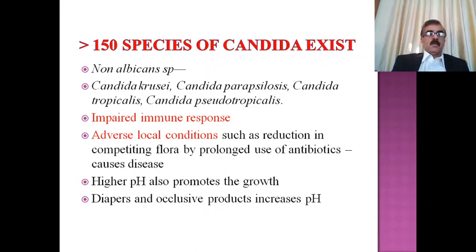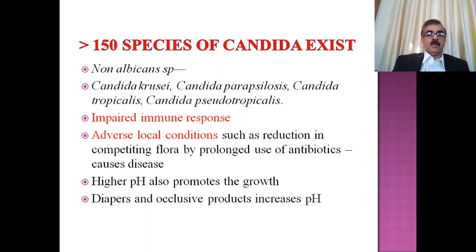Although we have discussed that Candida albicans is the main species which we study, nowadays non-albicans species are also of interest, because multiple species are isolated, and they can be resistant to routine antifungals.